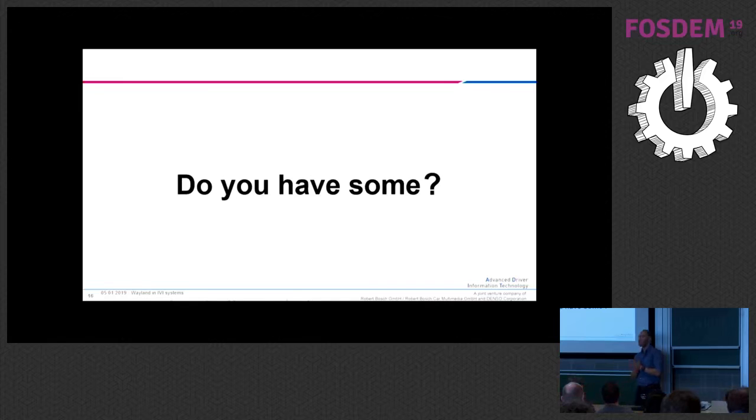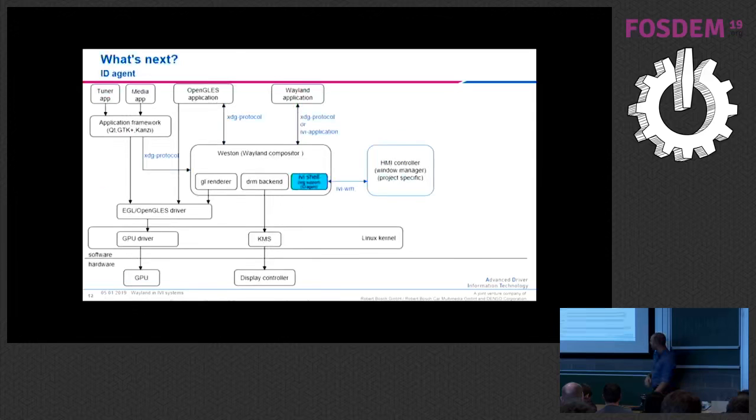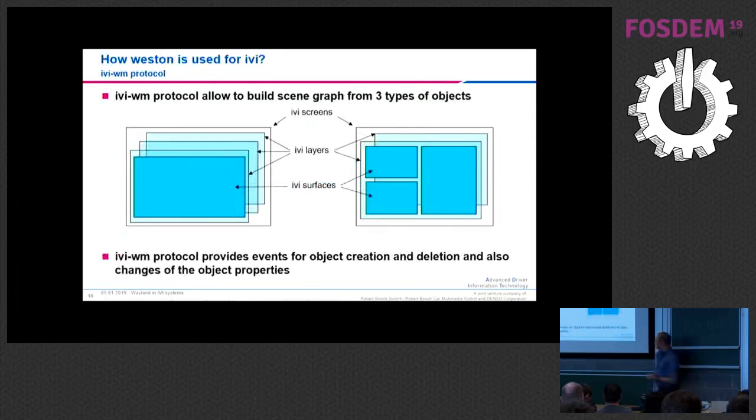There is a way to realize this use case with the IVI-VM protocol, where you can move your application to a different screen with the same application content, the same surface. I didn't show this here. What you can do is assign the same surface to different layers at the same time.